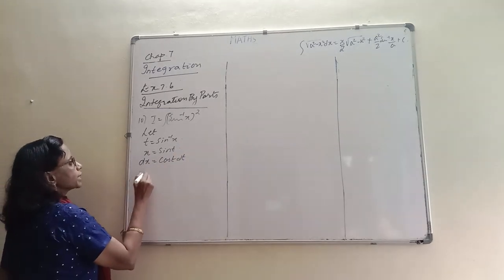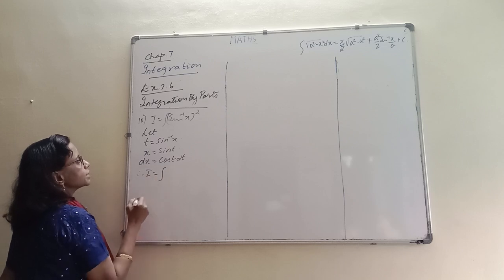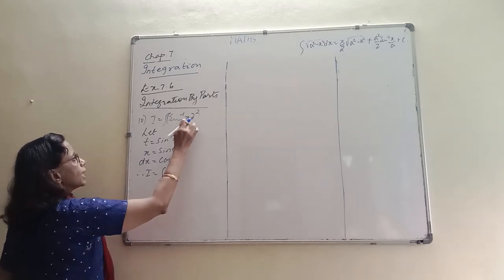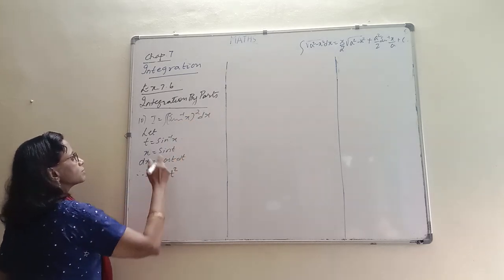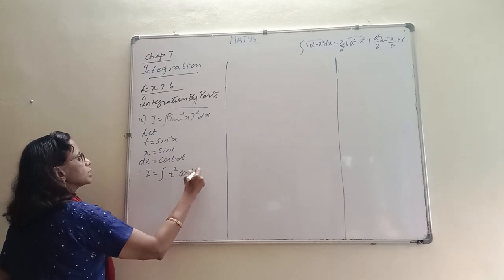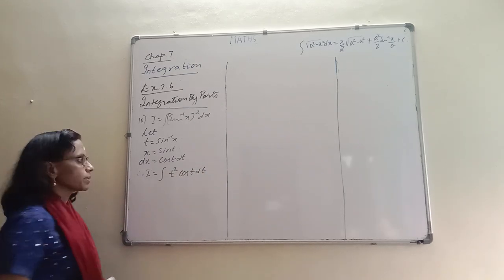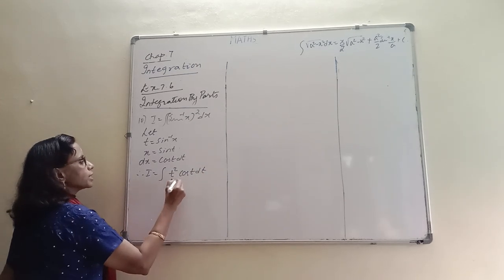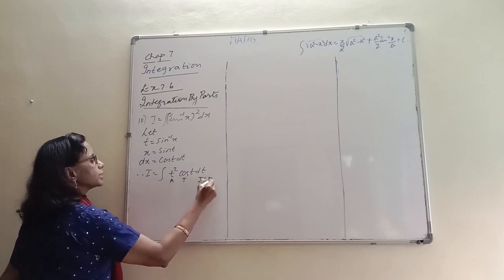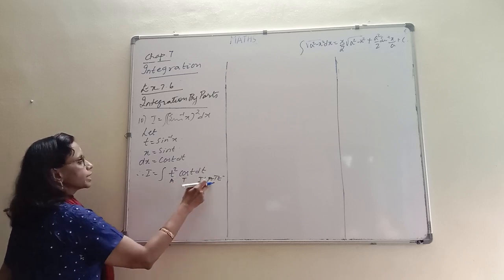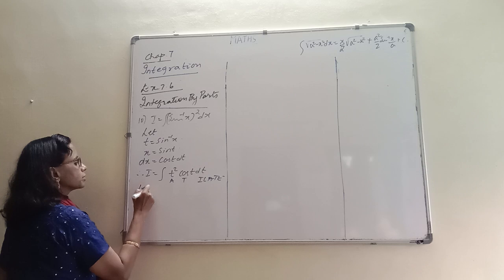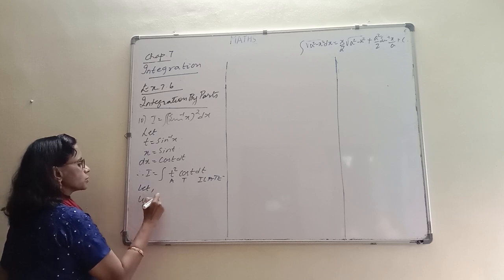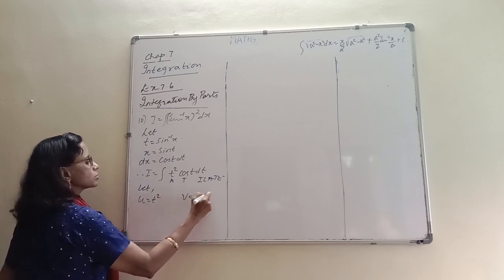So let's now come back to I. I is sine inverse x, which is t squared, and dx is there. So dx will become cos t dt. Now we can apply the integration by parts here. This is algebraic and this is trigonometric. With ILATE, we will come to know that algebraic comes first, then comes trigonometric. So let's write u as t squared and let's write v as cos t.